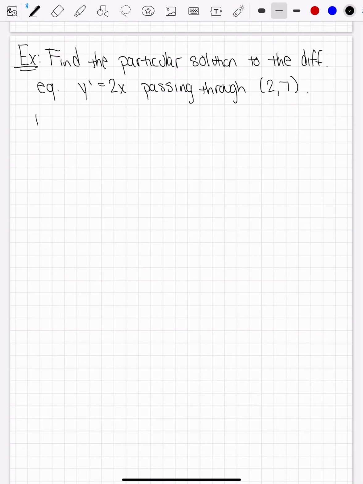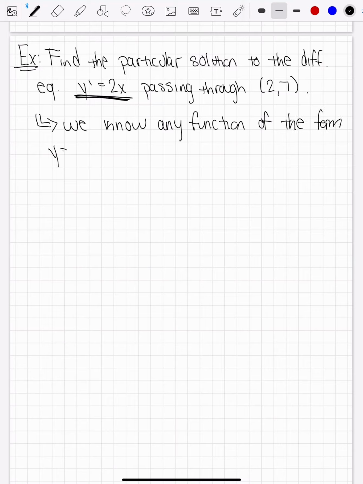We already established that for this differential equation, the one we've been looking at in this video, any function of the form y equals x squared plus c is a solution to y prime equals 2x.